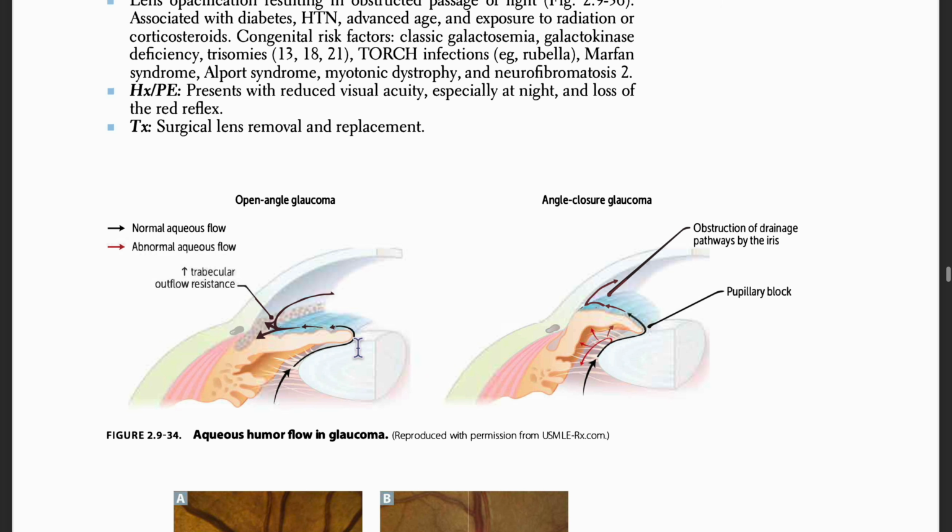They had it here. So from the ciliary body, aqueous humor flows over the iris right here, from the posterior chamber to the anterior chamber, and then from the anterior chamber it goes through the trabecular meshwork. So there's the normal flow. This is the abnormal aqueous flow right here, so obstructed drainage pathway.